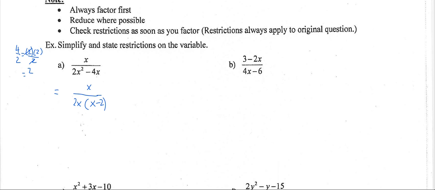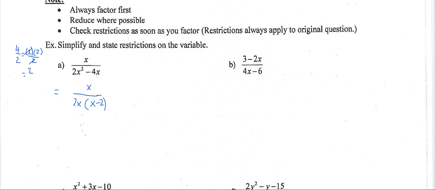Well, this is just like solving the quadratic equations where we had the factored form, and we're trying to see what values of x make the expression 0. So I can see now that if x was 0, then 2x is 0, and the whole denominator goes to 0. So x cannot be 0. And also I can see that if x is 2, then this bracket will go to 0, which makes the denominator 0.